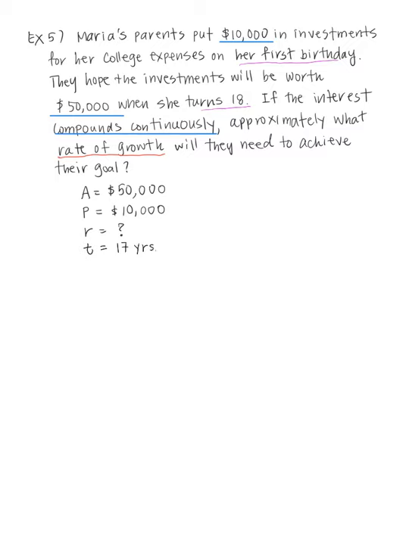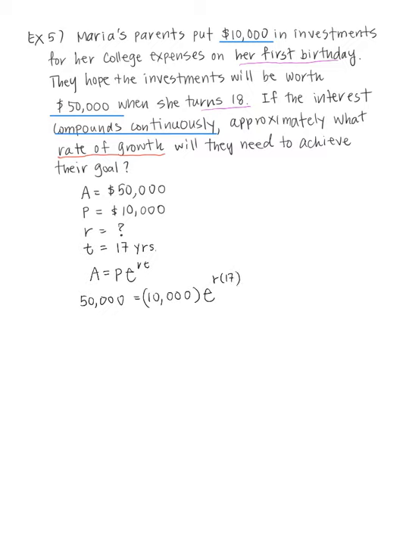So let's first write down the compound interest formula that we're going to be using: A equals P e to the RT. Remember, R is what we're looking for. Let's plug in all the values that we have. So we have 50,000 equals 10,000 times e to the R, and then t is 17.